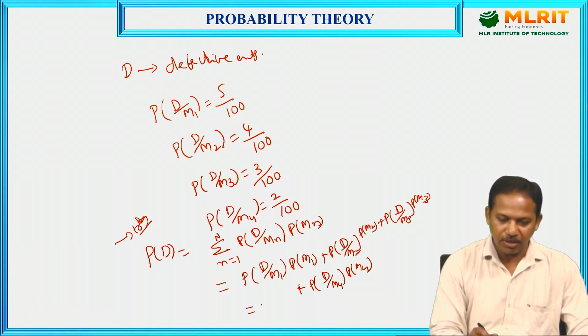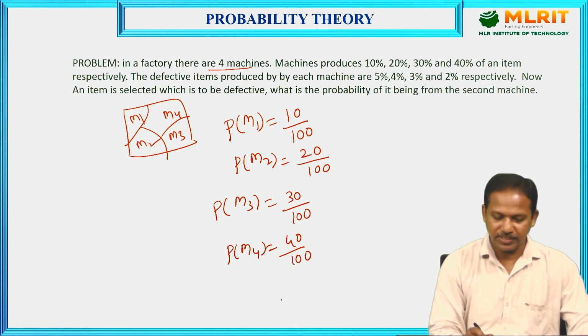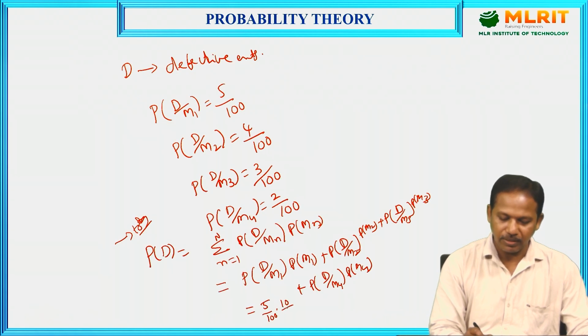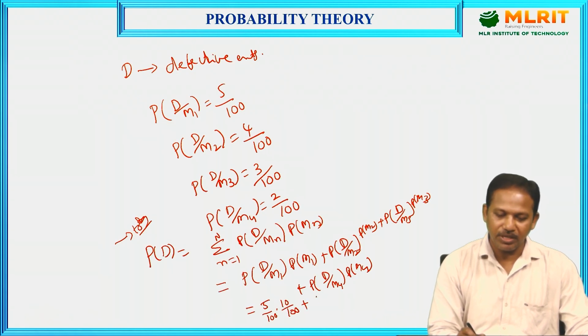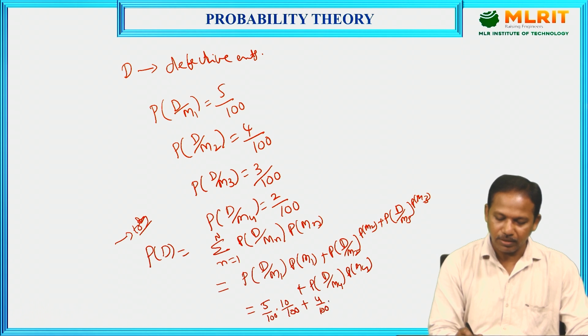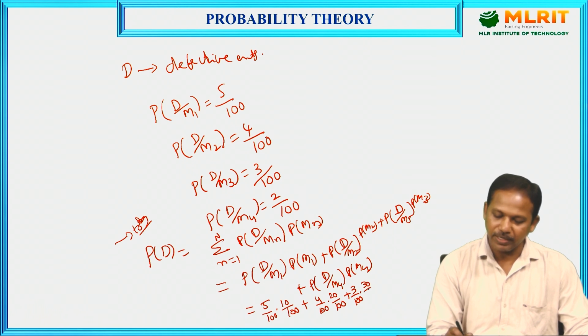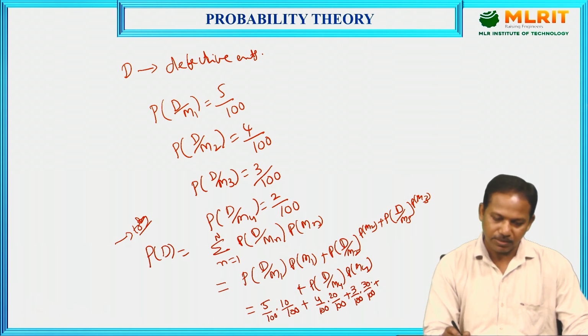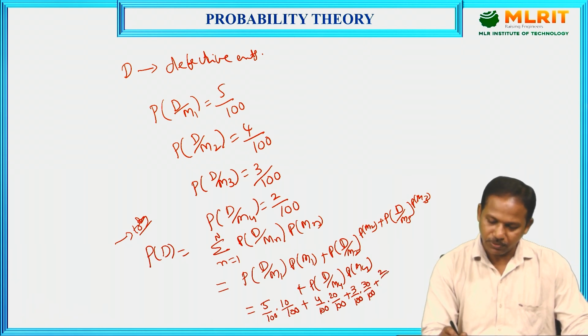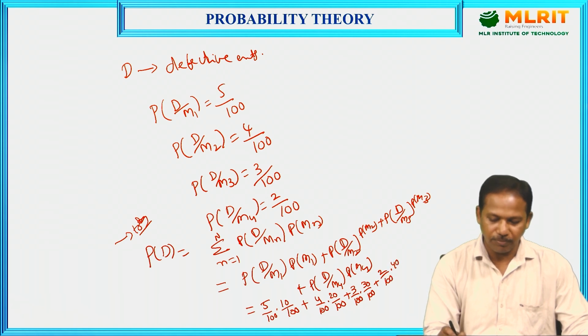P of D by M1 means 5 by 100 into 10 by 100, plus P of D by M2, 4 by 100 into 20 by 100, plus P of D by M3, 3 by 100 into 30 by 100, plus P of D by M4, 2 by 100 into 40 by 100.